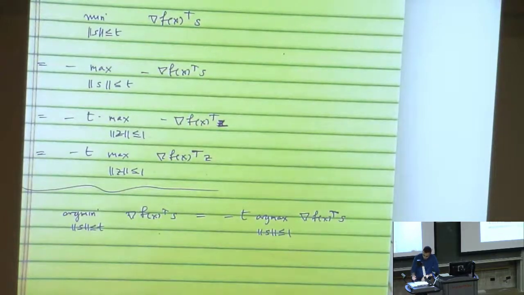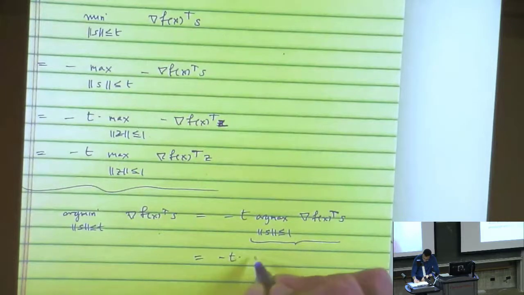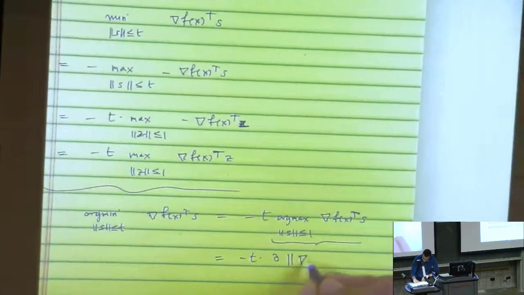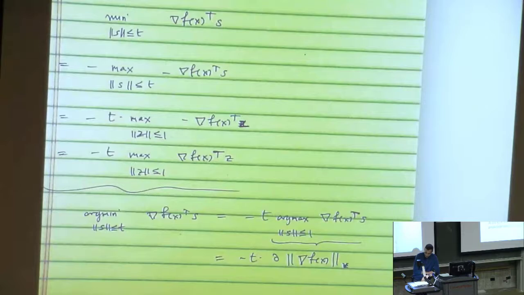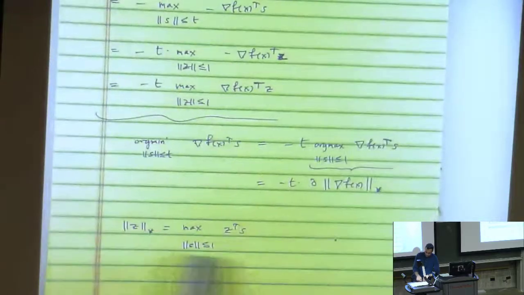And what is this? Okay, this thing is actually exactly equal to the subdifferential of the dual norm evaluated at the gradient of f of x. Right? The dual norm, to remind you, is equal to the maximum over all points that have norm less than or equal to 1 of z transpose S. That's the definition of the dual norm.